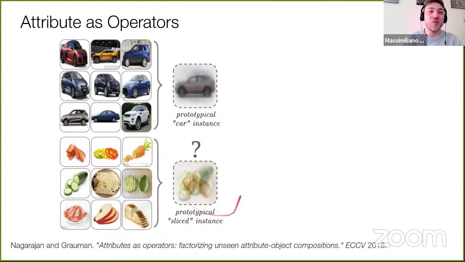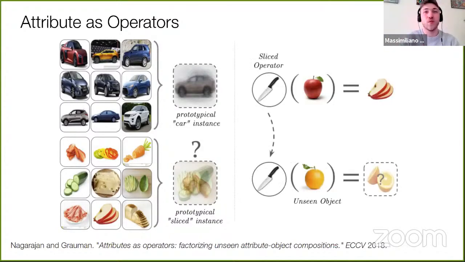But if I ask what the prototype of a state, an attribute like sliced, is, it's a bit harder to imagine, because it really depends on what you slice and how you slice it. It's really hard to define. So the authors proposed to treat objects as vectors and states or attributes as operators. The attributes are modifying the representation of the object.